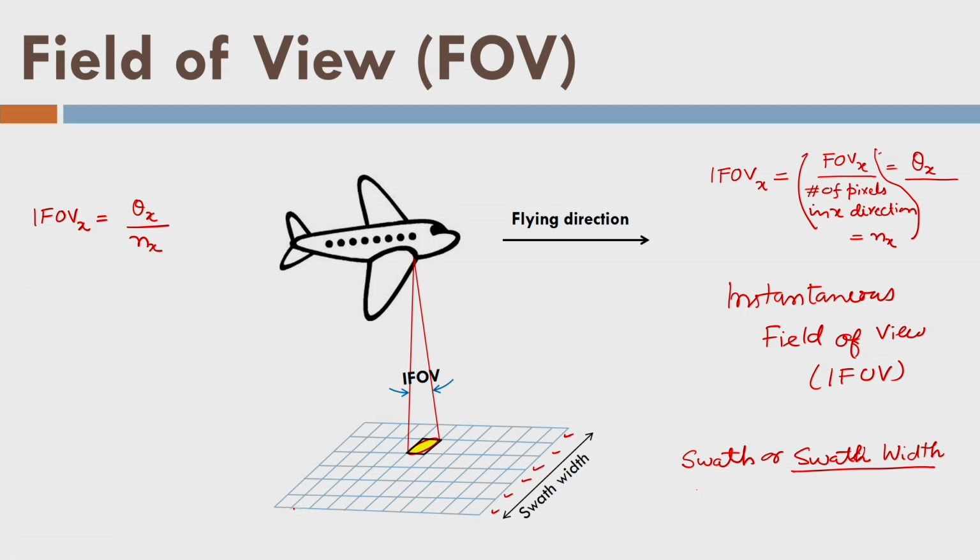Similarly, if the number of pixels here is, let us say, ny, then I can write IFOV y is equal to theta y, the FOV in the y direction, divided by the number of pixels in the y direction.